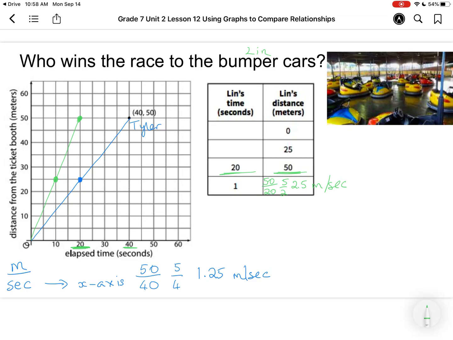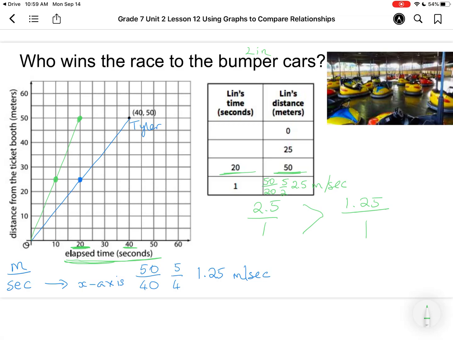And let's look at a few more features of this graph. The seconds is on the x-axis, the meters is on the y-axis. And Lynn's meters per second, her constant of proportionality, 2.5/1, is greater than Tyler's constant of proportionality, which is 1.25/1.